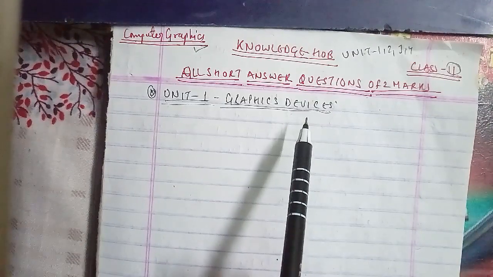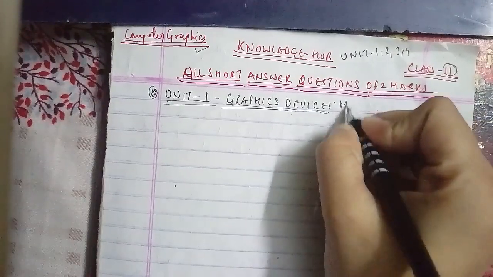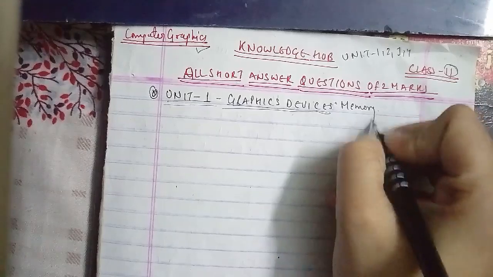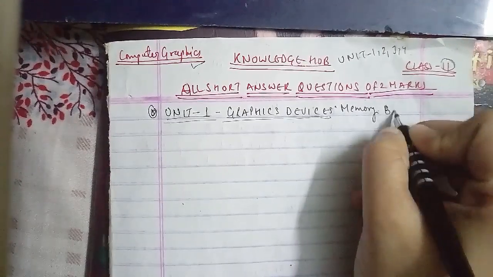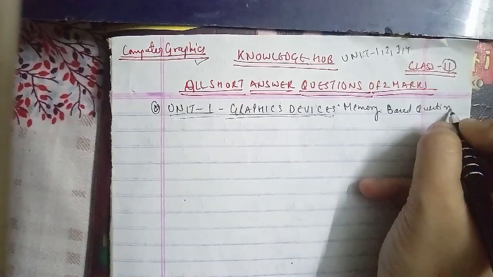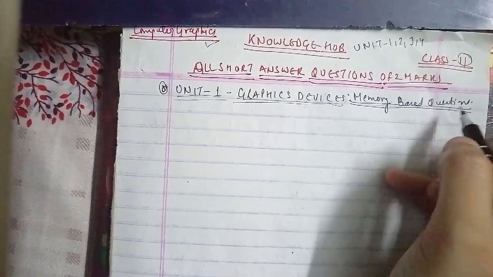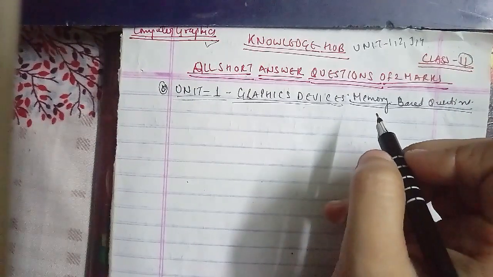So starting with the memory based question here. In the memory based questions, the first question asked in the 2 marks possible questions is to define computer graphics.